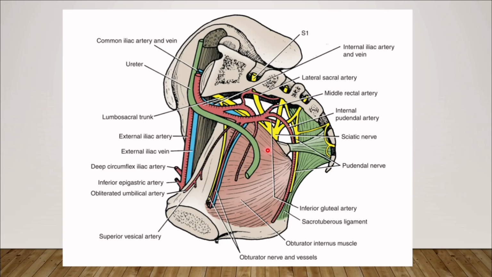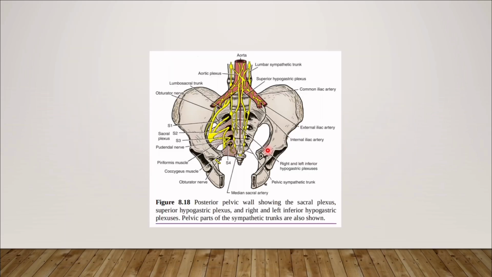Then the last artery which I did not talk about, which supplies the true pelvis, is the median sacral artery. This median sacral artery will also supply the sacrum and related structures in the true pelvis.